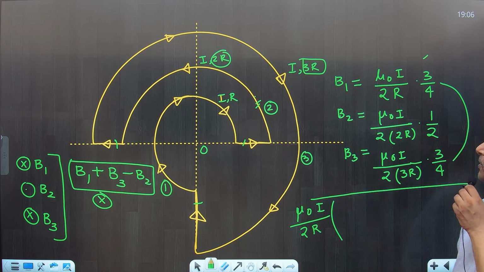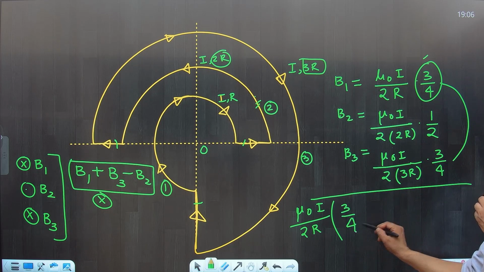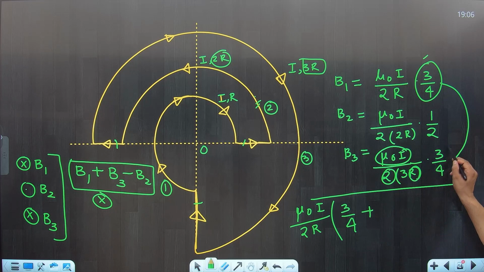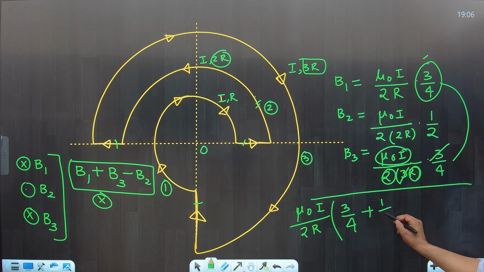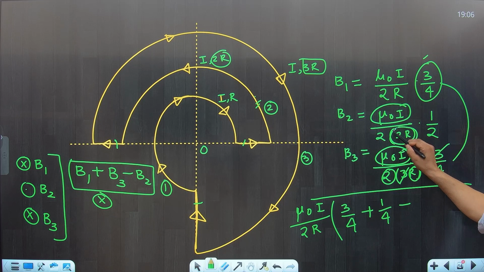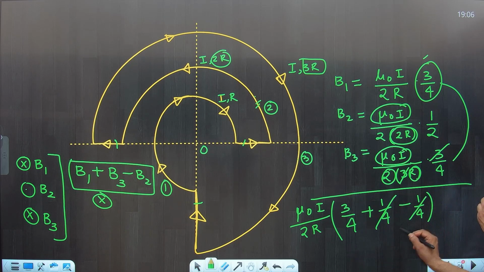So B1 is 3/4, plus B3, 3 cancels out, plus 1/4, and minus B2, which is 1/4. This cancels out, and your answer is 3 mu naught I by 8r.